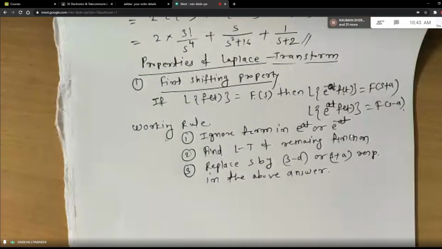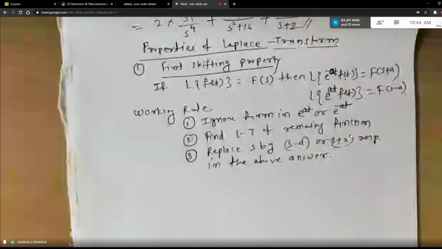According to first shifting property, your first step is you have to ignore the term in e, get Laplace transform of remaining function, which definitely you will get from the table of formulas. Whatever answer you get, replace s by s minus a or s plus a according to the sign of the power of e. Okay. You can take down these, students, and then I will tell you with example how to go about this.